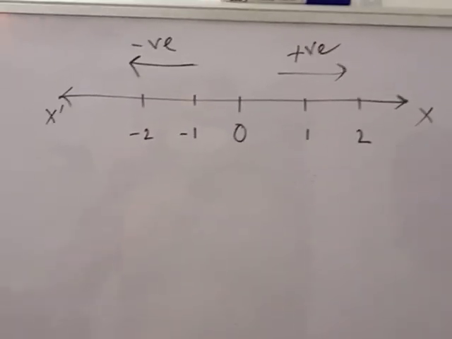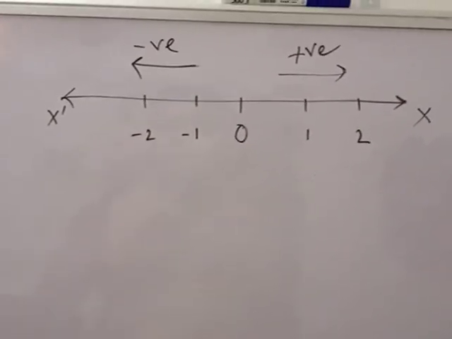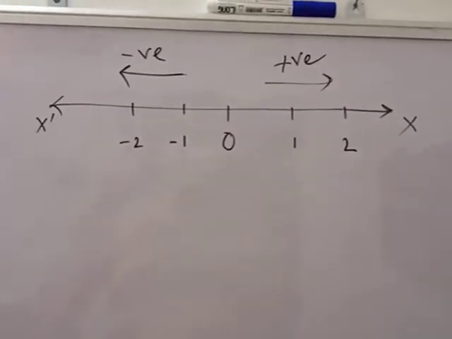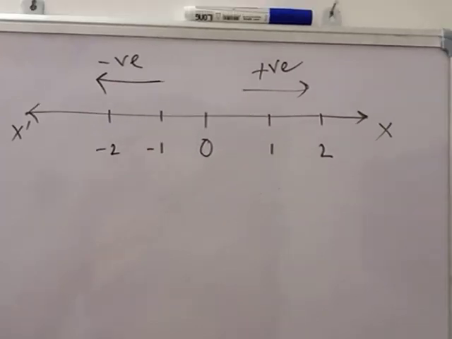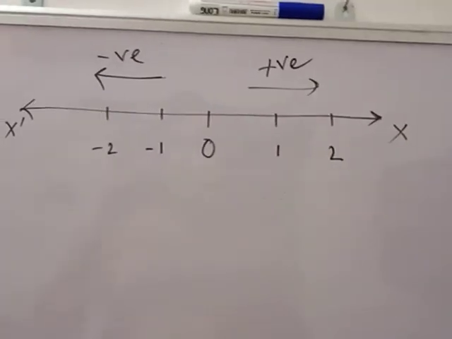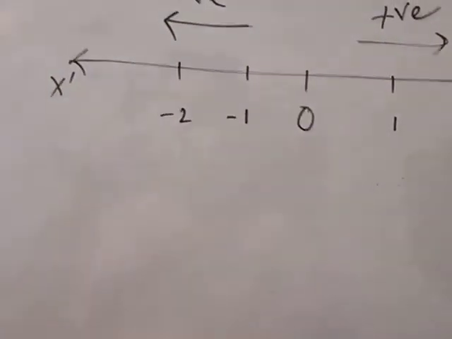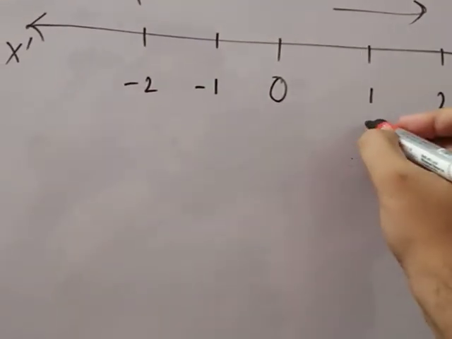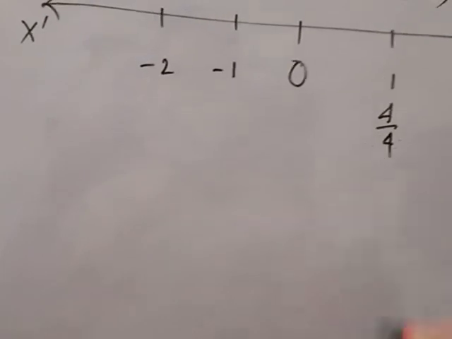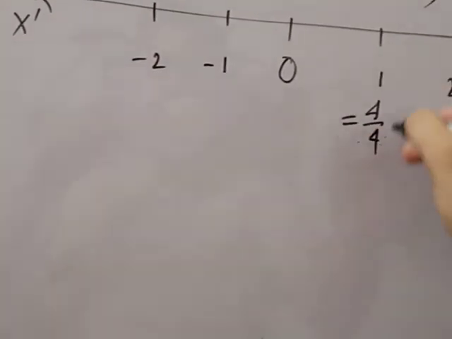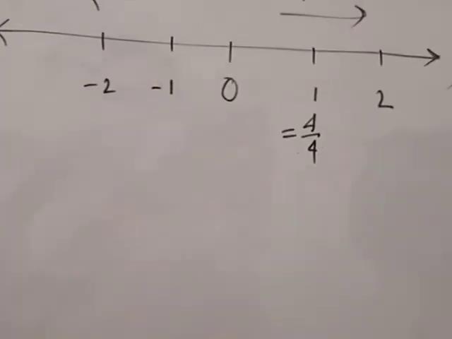So for representing 1 by 4, see the denominator. What is the denominator? 4. And this is the positive quantity. So we can express 1 as 4 by 4. We can write 4 by 4 means 1.